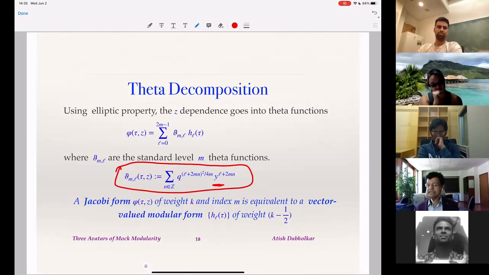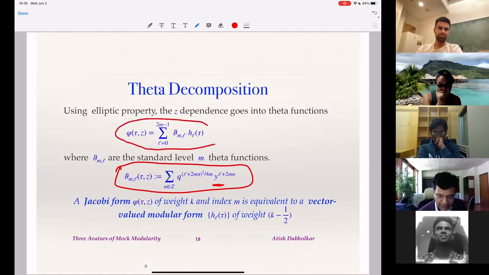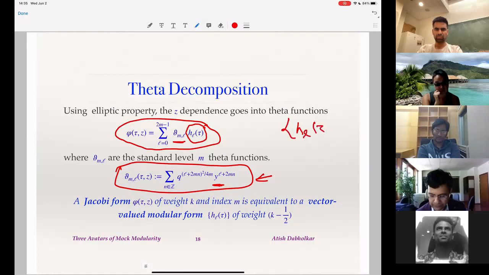And therefore, essentially the double periodicity you can take out of the picture. The z dependence you can completely remove from the consideration. And you can express this function phi tau of z in terms of these very explicit and well-known standard level m theta functions. And then the only non-trivial information is contained in this vector h_l of tau, which now depends only on one variable.